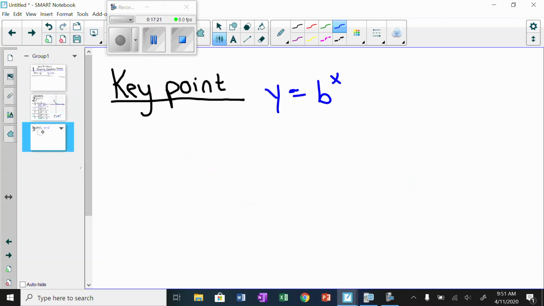And that's going to work, except if there's a number being multiplied in front of the b. What do I mean by that? Well, let's just write this down first. So the key point is going to be (0, 1) for any parent function.